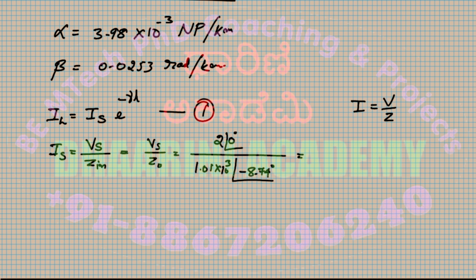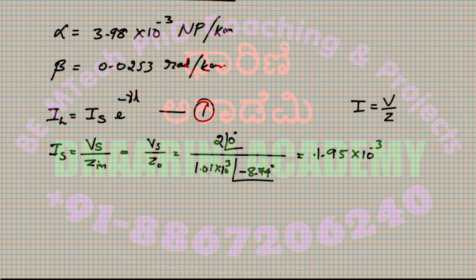So 2 by 1.01, that's what we want, which is 1.98.